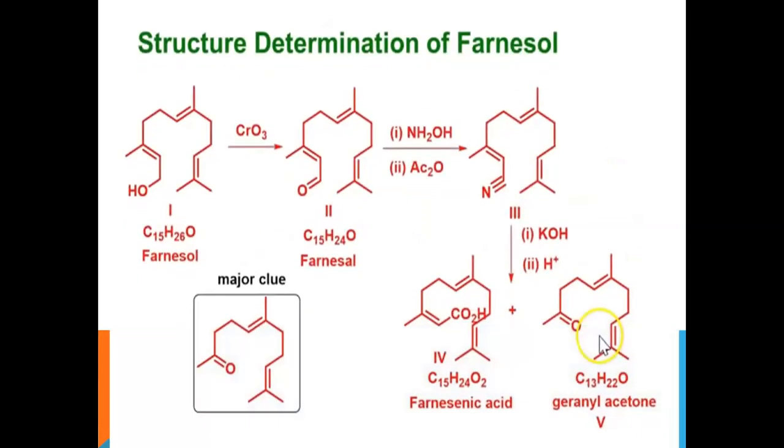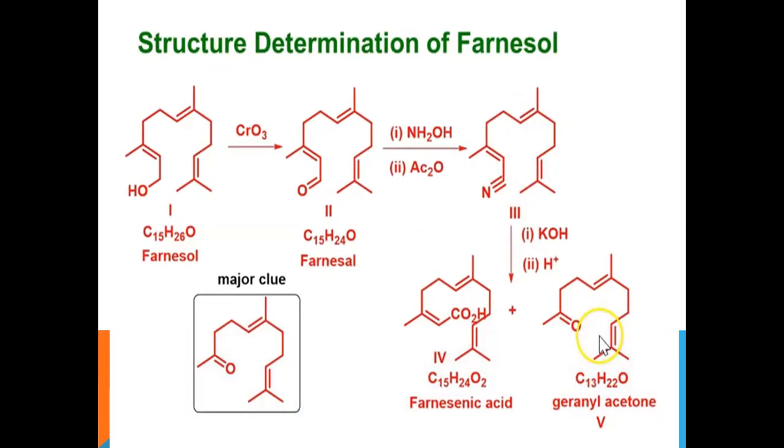Then coming to the structural determination of farnesol, we came to know the molecular formula is C15H26O. There are 15 carbons, 26 hydrogens and 1 oxygen. So we have to find out where the oxygen is present, how the carbons are arranged, whether they are arranged in a straight chain or not, how many double bonds are there, and if double bonds are there, where they are present.